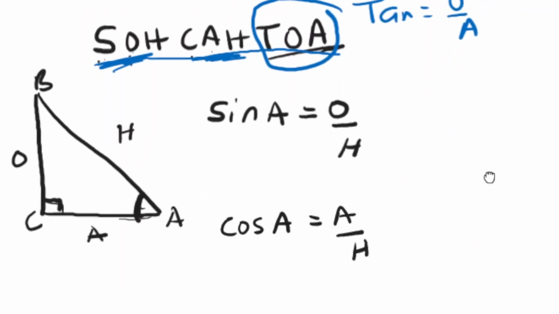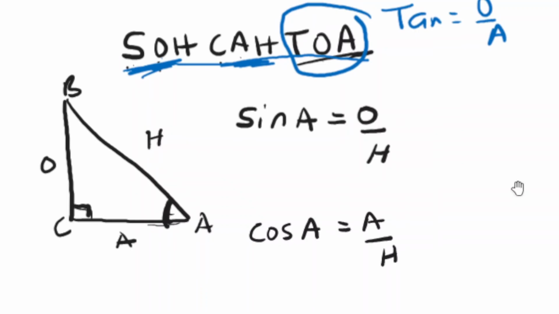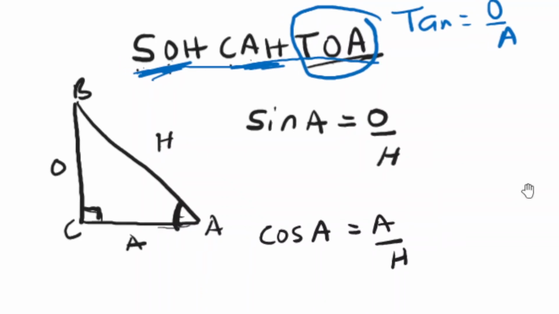You can look at this example over here. If you have triangle ABC, and this is our 90 degrees, we know that this is our hypotenuse. This is the angle we are talking of, so our opposite is BC, and our adjacent is AC.